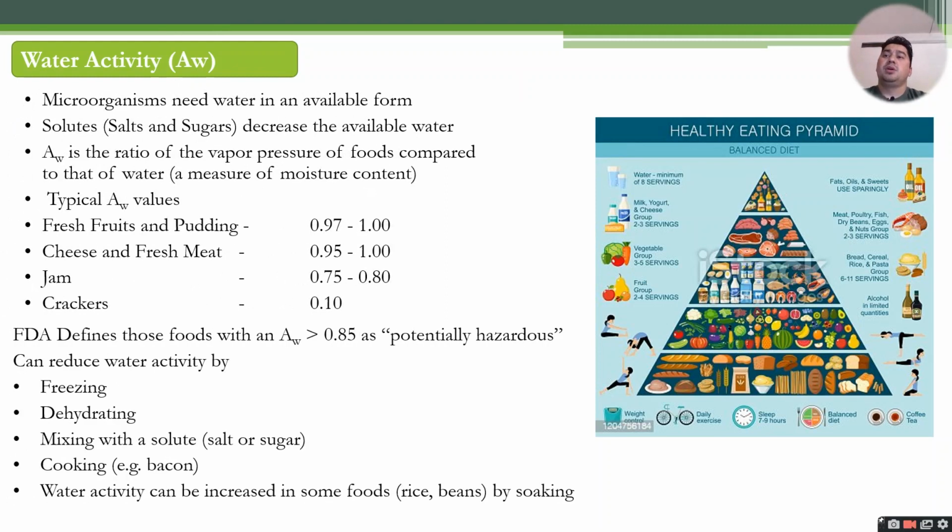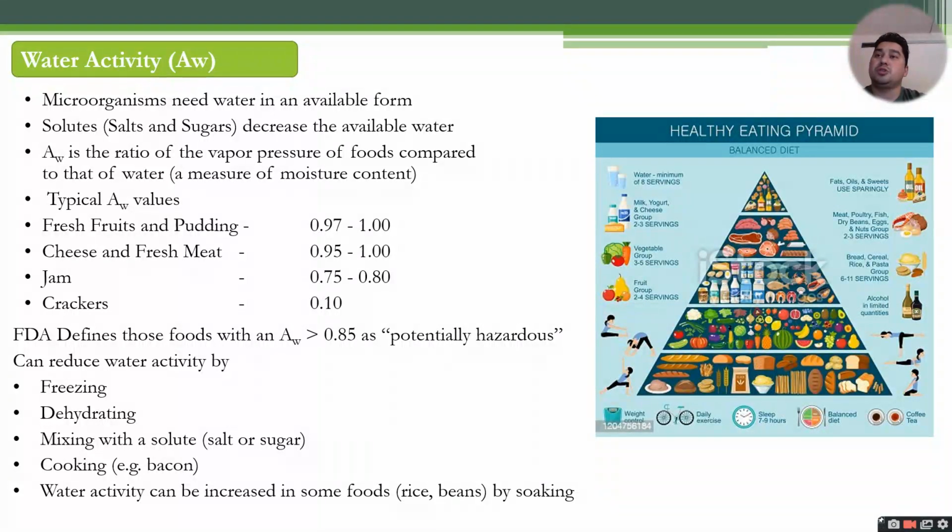Water activity. Microorganisms need water in available form. Solute salts and sugars decrease the level of available water. Water activity is the ratio of the vapor pressure of food compared to that of water.